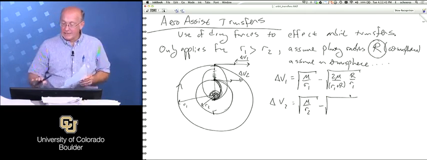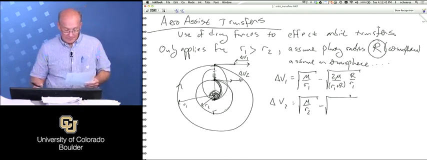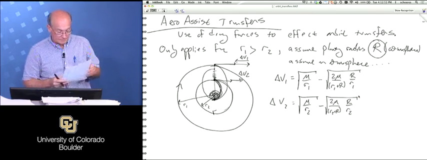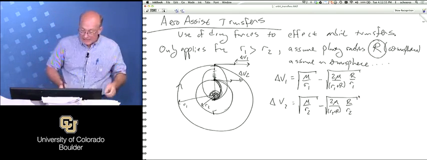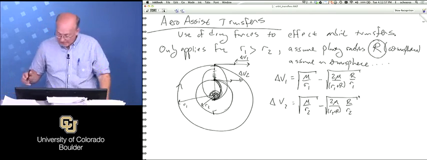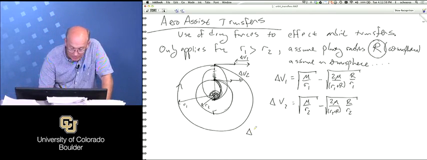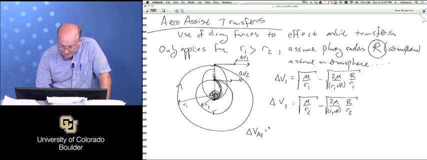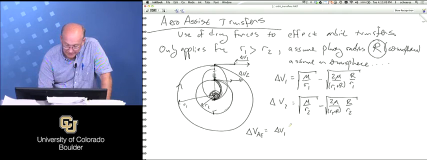I write it like this just so that it's always positive: square root of 2 mu R over R2 times (R2 plus R). And we add these together, and we come up with what I'll call delta V aero-assist elliptic, AE, and it's just the sum of these.